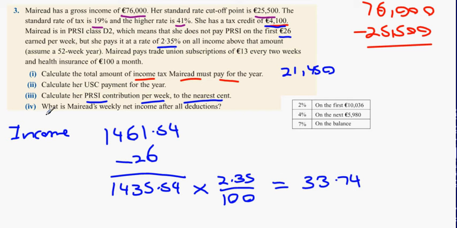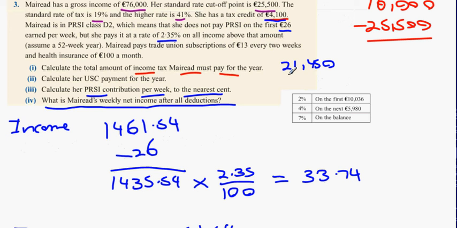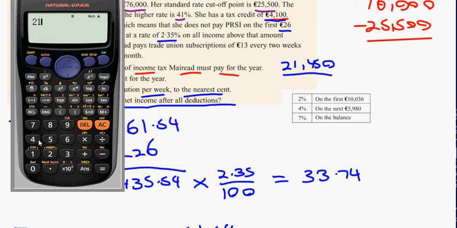Now finally, what is Maria's weekly take-home income after all deductions? Okay, so her income is equal to 1,461.54. Her tax payable was 21,450, but we've got to divide that over 52.